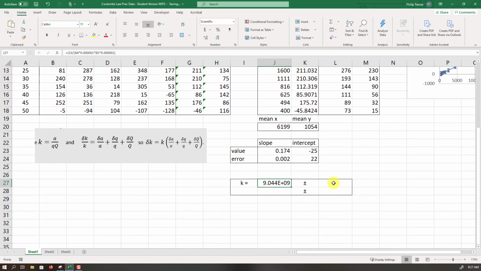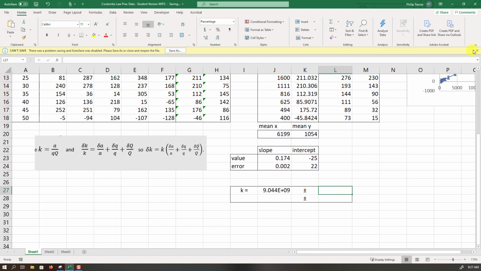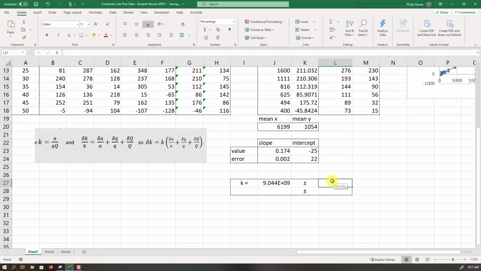So in this cell here, just ignore my OneDrive errors. In this cell here, I'm going to be implementing this formula. So here I go. Now, I think I'll use brackets to be extra careful.